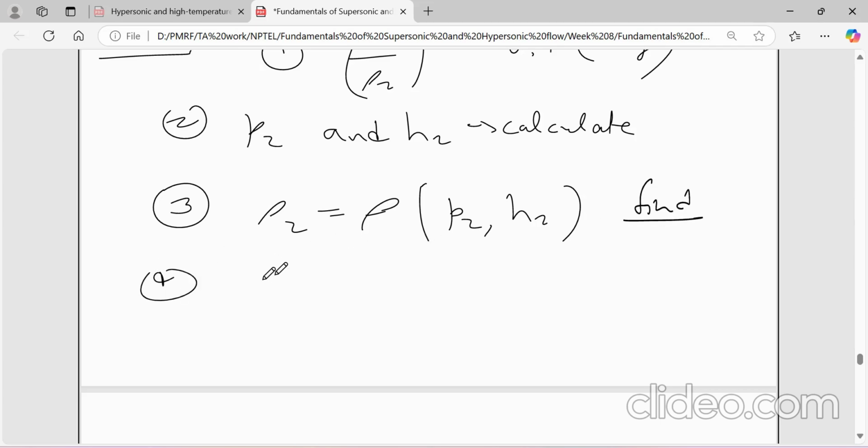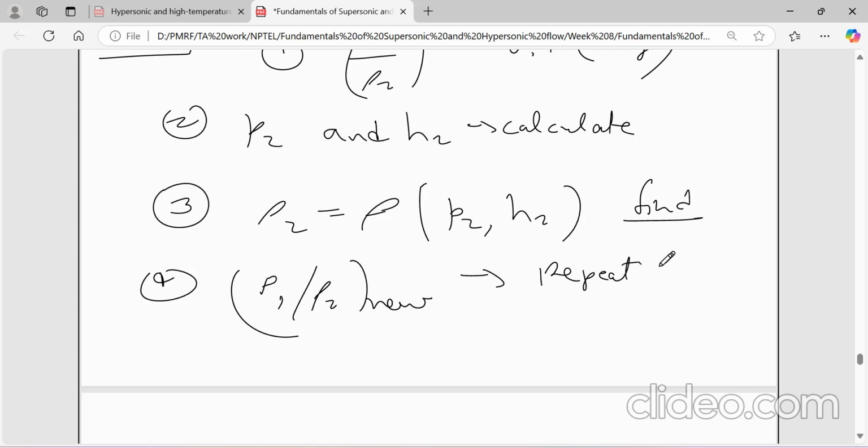Now we got this new rho 2, so we will get new rho 1 by rho 2. Using this new rho 1 by rho 2, we will repeat steps 1 to 4. So we will repeat it till we get convergence.